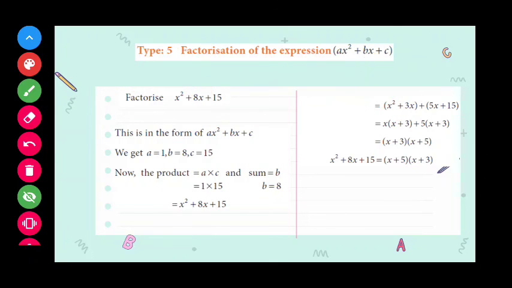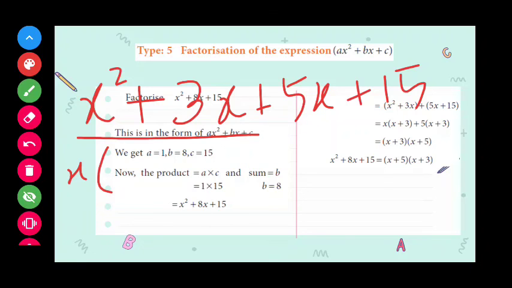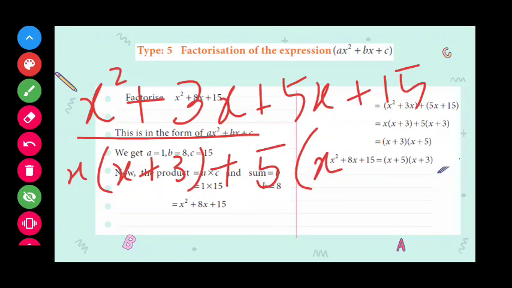So we can write it as x square plus 3x plus 5x plus 15. From the first two terms we take x common, so x into x plus 3. From the next two terms we take 5 common, so after taking 5, x remains from one term and 3 remains from the other.